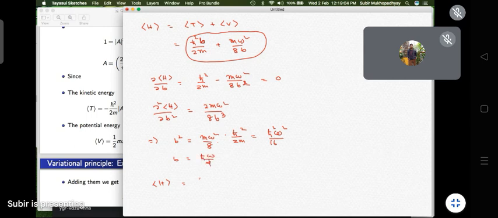That is the value of b. Now if we substitute it over there, h square by 2m will be 2m by h bar square. So many mistakes. It should be 2m by h bar square, no?